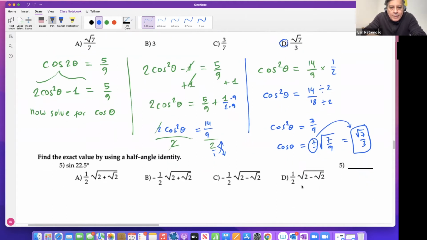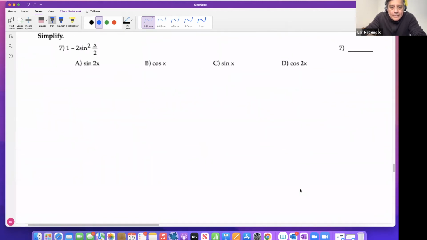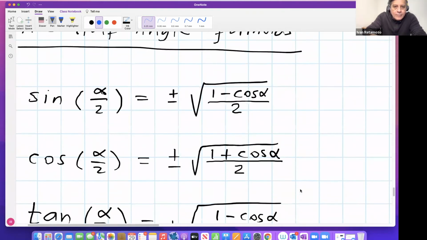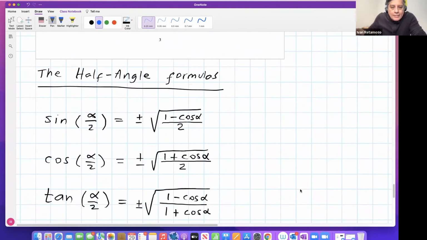Okay, so going back to our lecture, let's talk about half angle formulas. Turns out, if you do what I did with that problem I just showed you, but in general, you can derive that the sine of alpha over 2, half of an angle, is equal to plus minus.